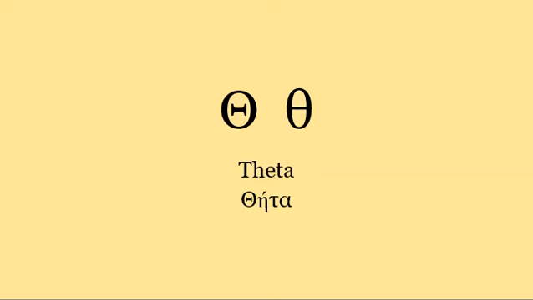Next is theta. Again, theta. And this is just like a TH in the word thought, for example. Different TH to a delta. That was then, and this is theta like thought.